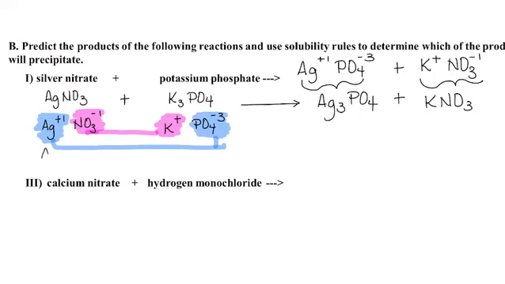If I say that this is A, this is B, this is C, and this is D, and I want the products written as AD plus CB, that's what I mean. So make sure you read the format.